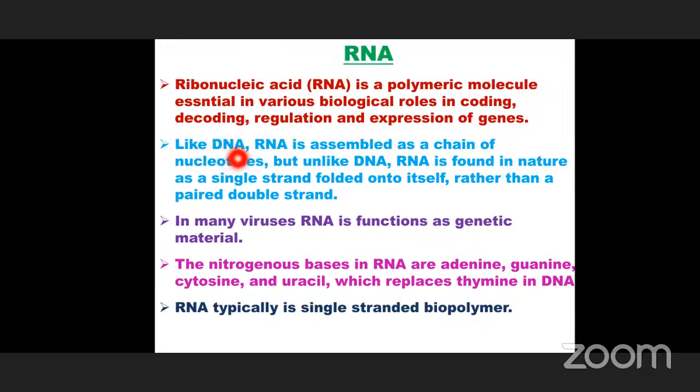Like DNA, RNA is assembled as a chain of nucleotides. But unlike DNA, RNA is found in nature as a single strand folded onto itself rather than a paired double strand.